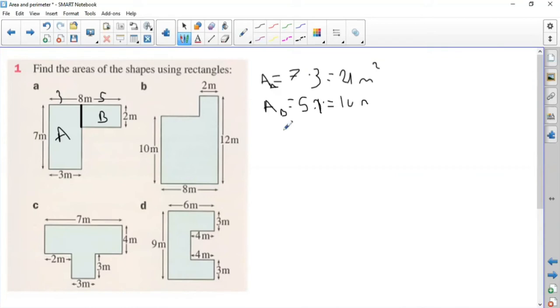Okay, so the total area will be the area of A plus B, which is 31 meters squared. Okay, what about perimeter?